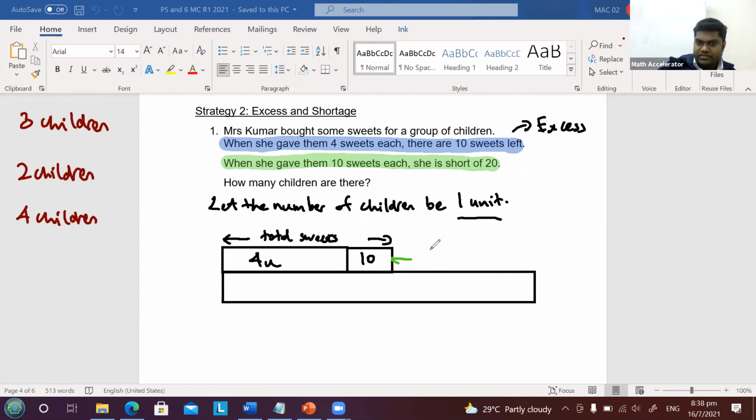This one right here. This is the shortage. Okay, so please write down here as 10 units. This whole thing here.